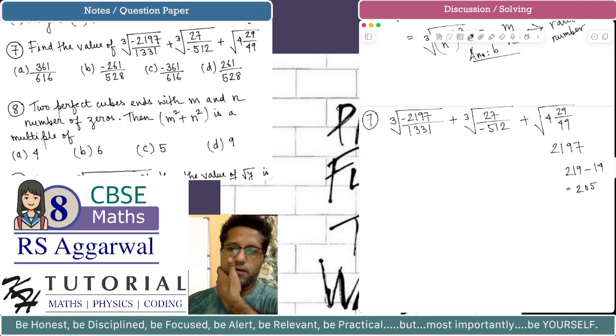How do I prime factorize this? So 2197 ends with the digit 7. So what can possibly its cube root end with?